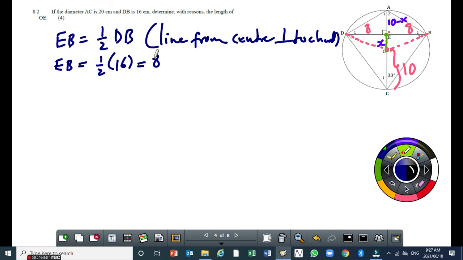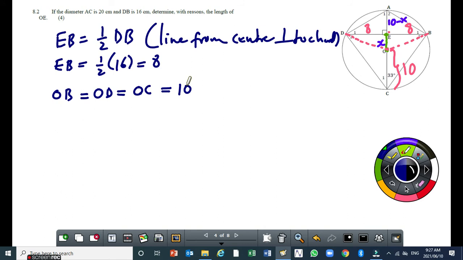Then I will say, now I'm going to use triangle OBE to calculate the length of X, which is our OE. So I'll say OB is equal to OD. They are all equal to OC, and that is going to be equal to 10.